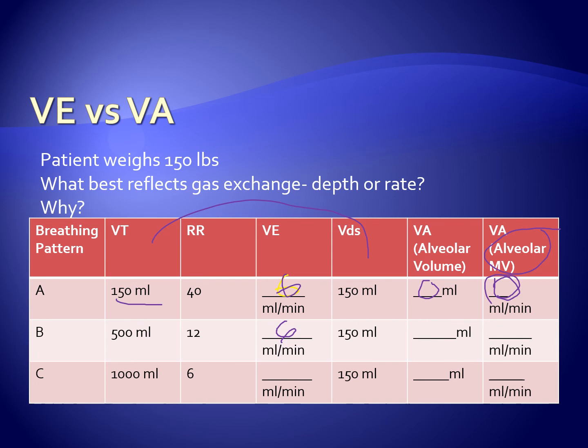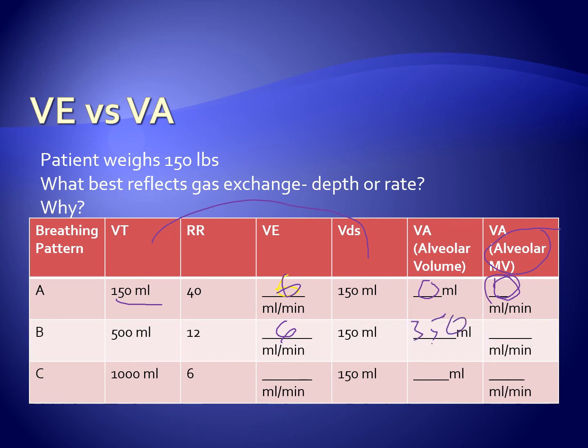Now, how do we know their alveolar tidal volume? Well, we take 500 mLs minus 150. To do this equation, I want you to see what their alveolar tidal volume is. You're going to take their tidal volume, which is 500, minus 150. When we do that, we're left with 350 mLs.